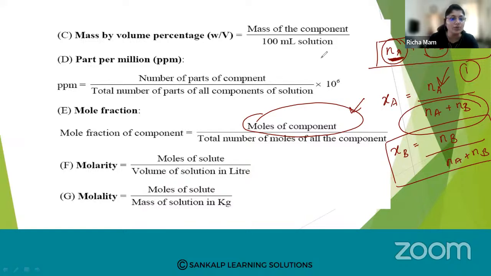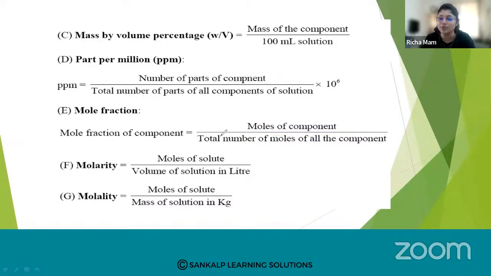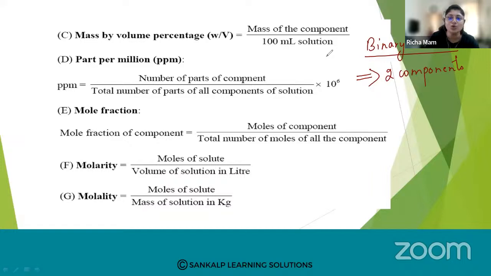Now we'll discuss one example on mole fraction. If we consider a binary mixture, now a binary mixture is made up of how many components, students? Binary mixture is made up of two components, right? Because binary means two components. So whenever we are considering a binary solution, there should be two components.